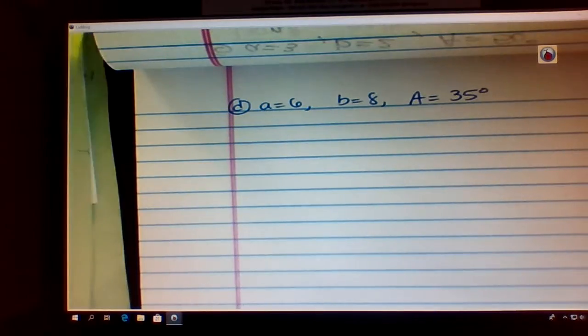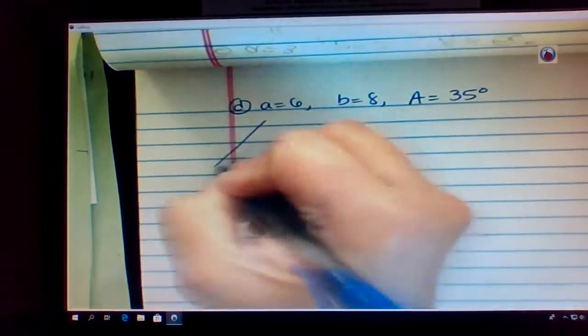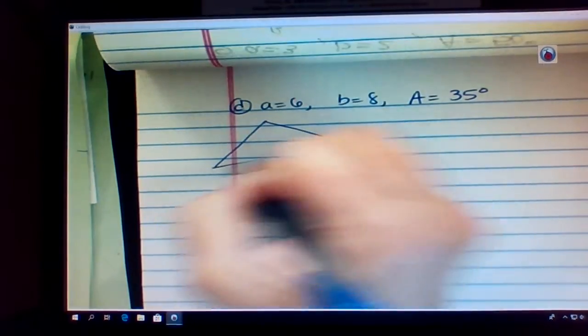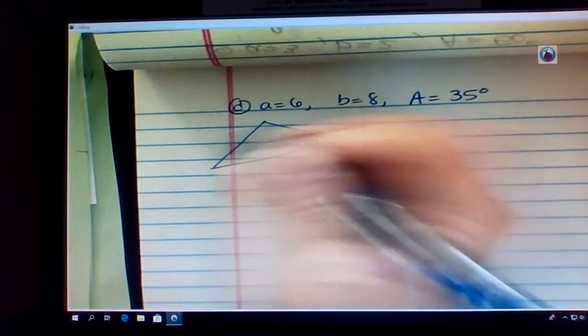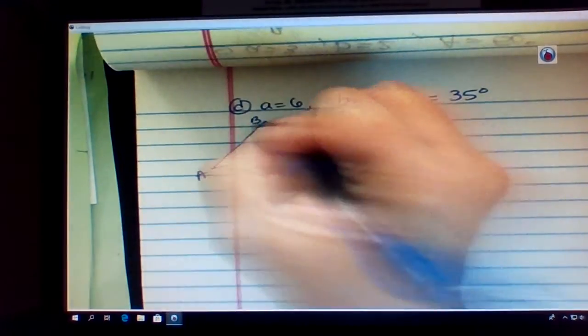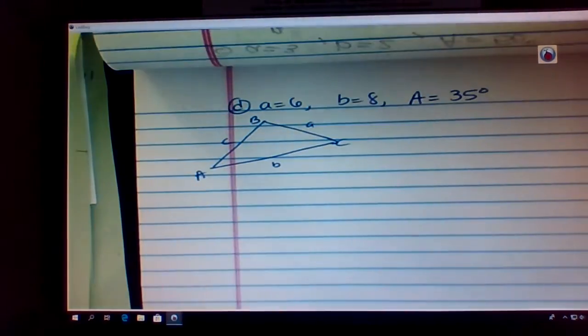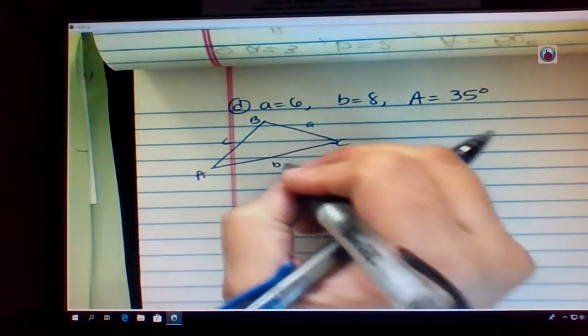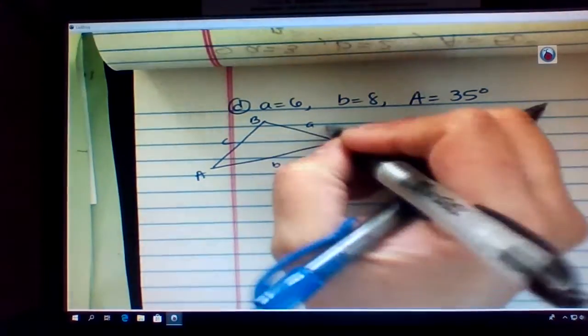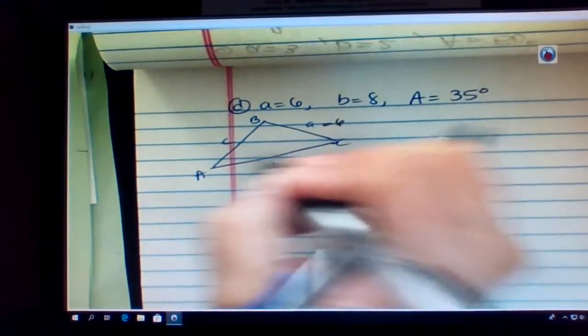So I'm going to draw the triangle. Now please understand, you don't have to draw them. I just like to do it just because. Little a, little b, little c. I know this side is 8. I know this side is 6. And I know this angle is 35 degrees.